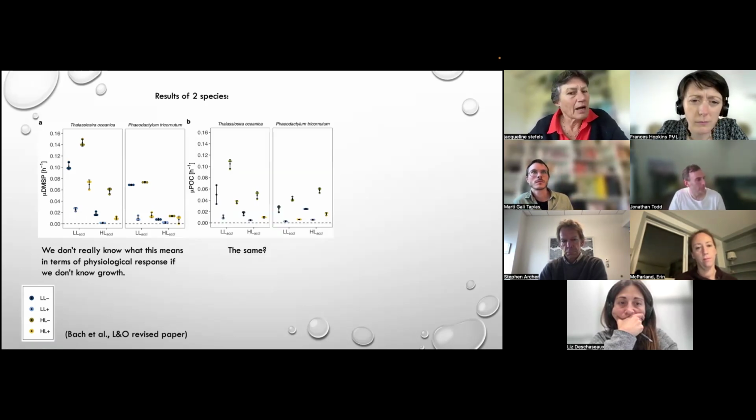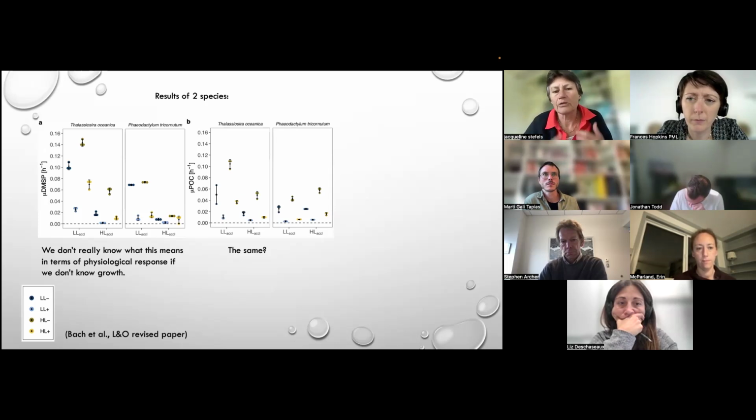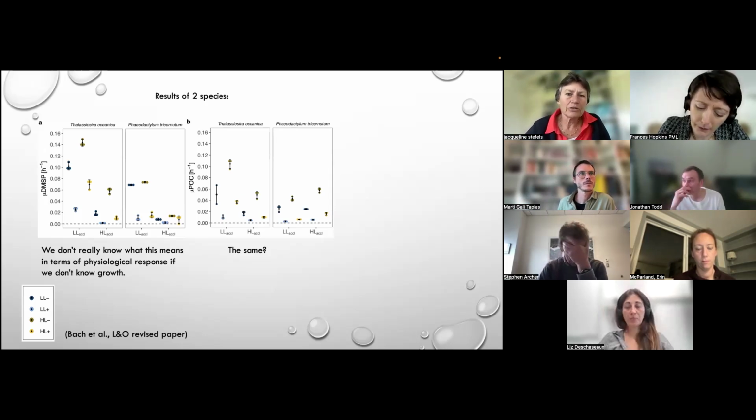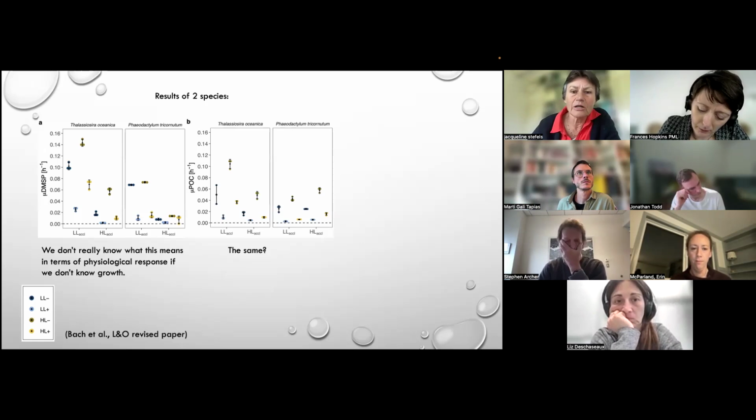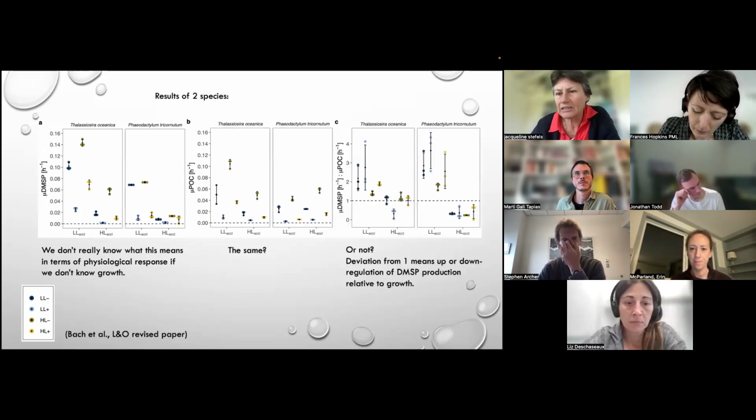So how does that relate to growth? Because maybe this was just a simple growth issue, that they were unable to deal with UV. And then we saw the production rates of carbon, and that looked almost the same, or maybe not entirely.